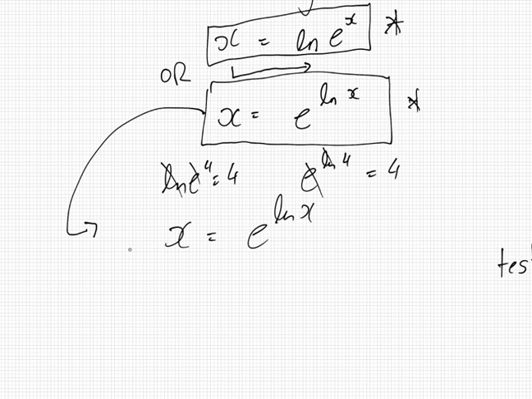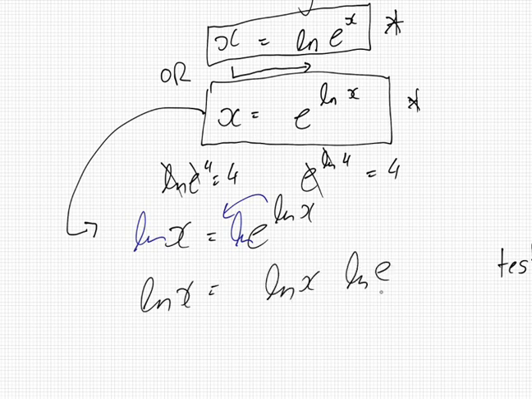I put log on both sides, but powers I can take down. So I get log x equals log x times log e. But what's log e? 1. So you get log x equals log x, so it's true. So there's a little proof for you for why this is true. You put log on both sides and you end up with something that's true.